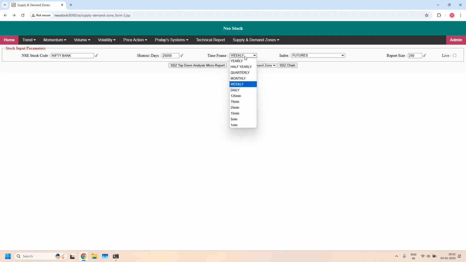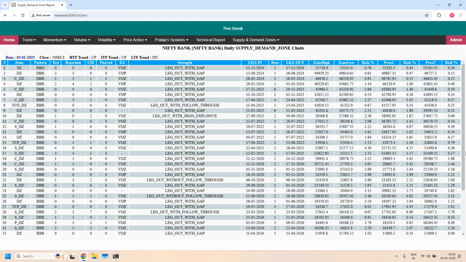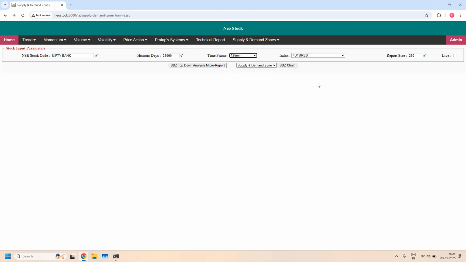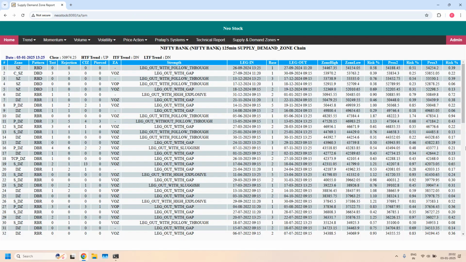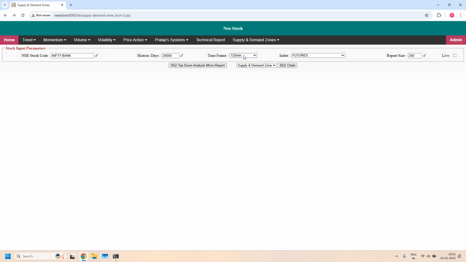Next, daily supply demand zone chain for BANKNIFTY. Next, 125 minutes supply demand zone chain for BANKNIFTY. Next, 75 minutes supply demand zone chain for BANKNIFTY.